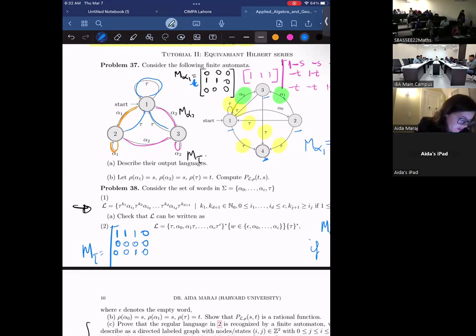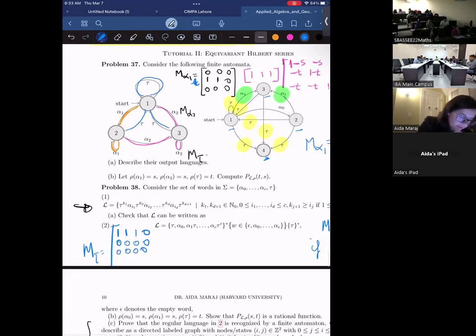Yeah, but we have 3 to 4. So with the 2, we have 0, 0, and 0 for this one. Yeah, it's a 0 row again.